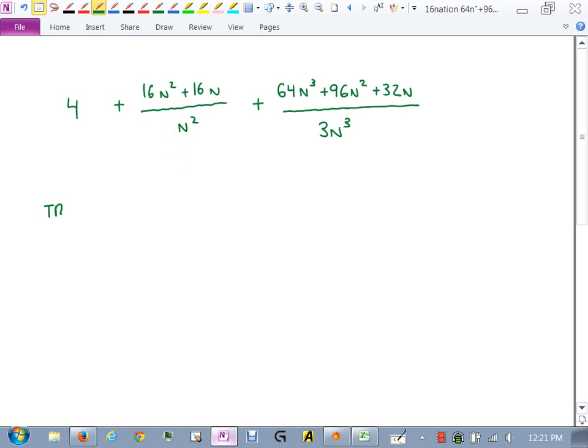The true area will be equal to the limit as n goes to infinity of what? This whole thing.